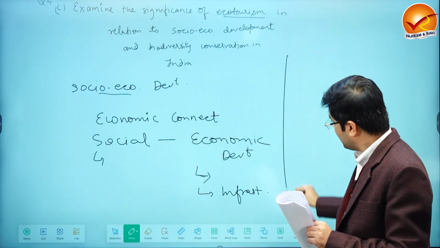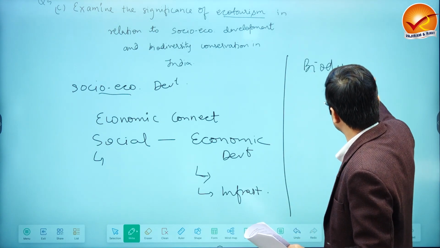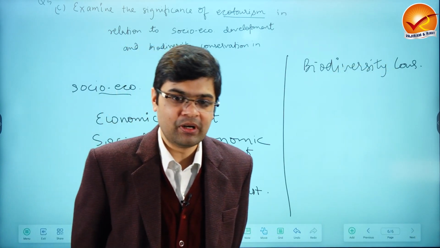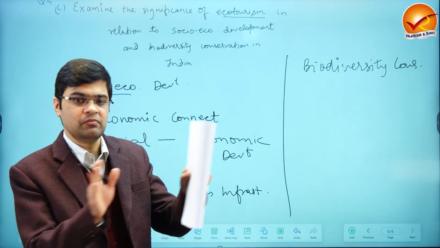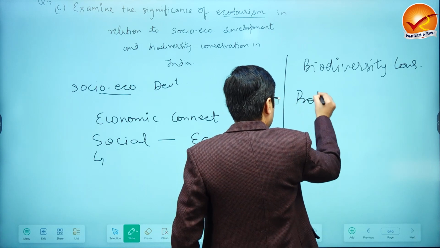Now, what about biodiversity conservation? How will ecotourism lead to biodiversity conservation? So again, I'll have to compare mass tourism with ecotourism here. Let's say I talk about construction of protected areas.